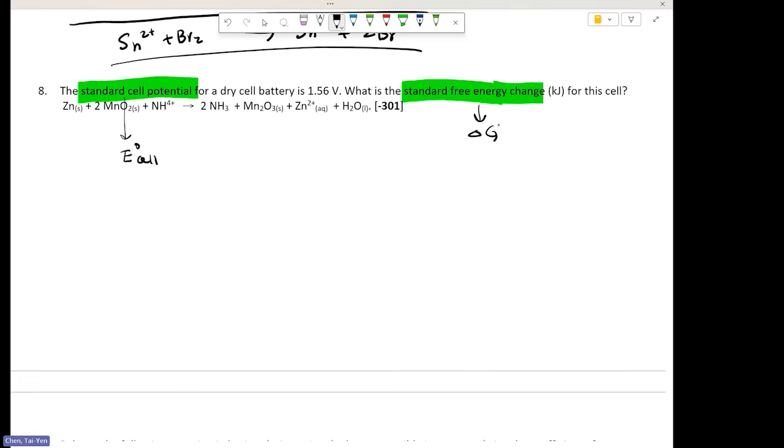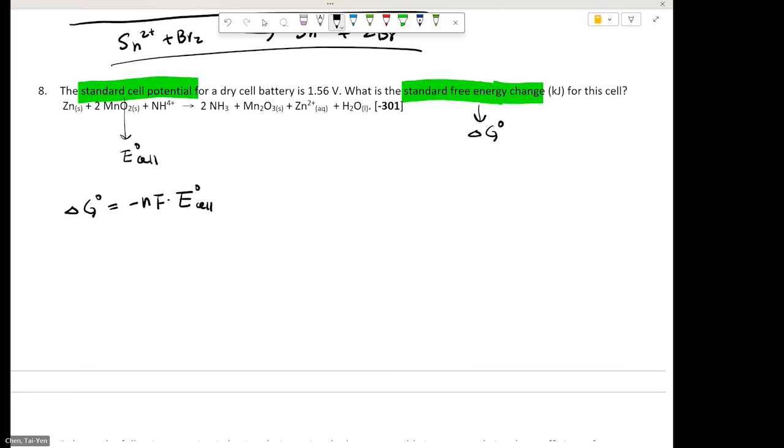So this is delta G naught, right? So here apparently is the equation that you need to use to connect these two, your delta G naught and E naught cell. So these two terms are connected with this, right? Delta G naught is equal to negative n times F times your E naught cell.